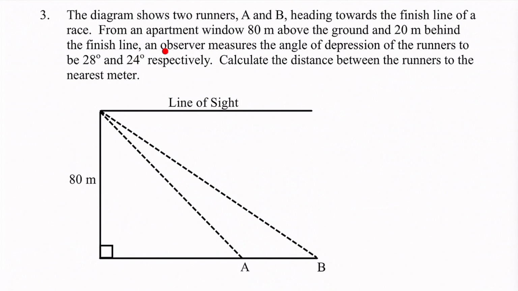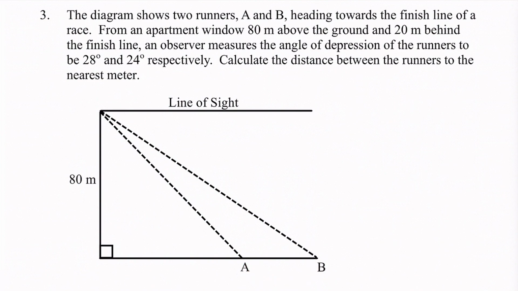It says that the observer measures an angle of depression of the runners to be 28 degrees and 24 degrees respectively. So that's how far they're looking down. Remember, angle of depression is looking down. It asks for us to calculate the distance between the two runners to the nearest meter. So we want to find this distance right here from A to B.